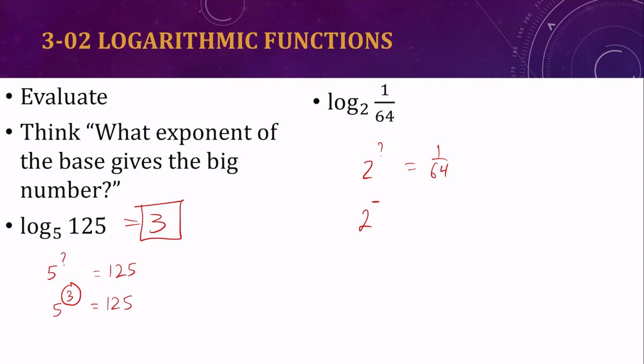And then 2 to the what power is 64? You may have to try a few in your calculator. And it's to the 6th. 2 to the 6th is 64, and it's negative because it's reciprocal. But our answer is the exponent. Logarithms are exponents. So our answer is -6.